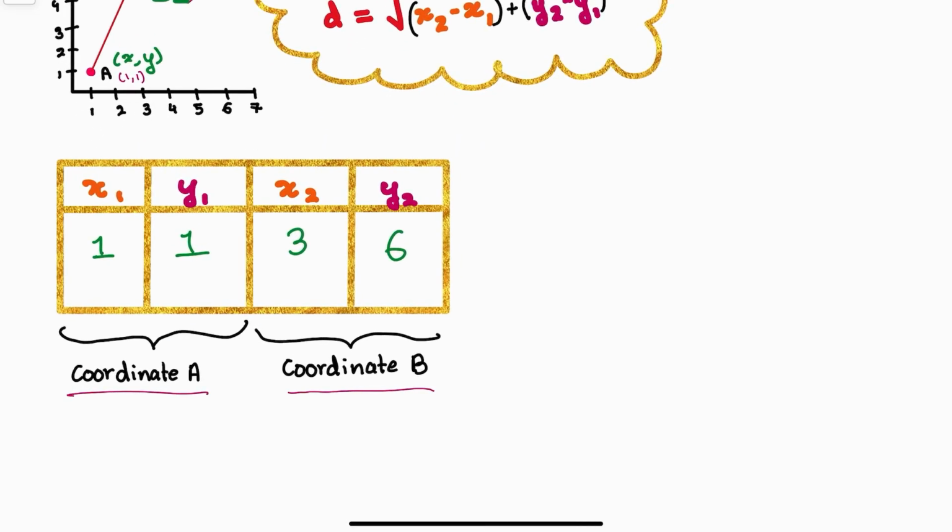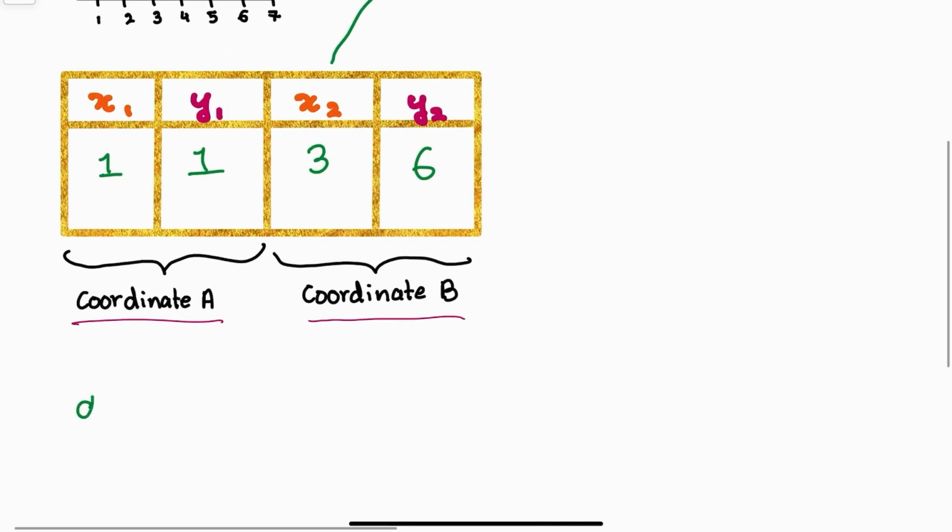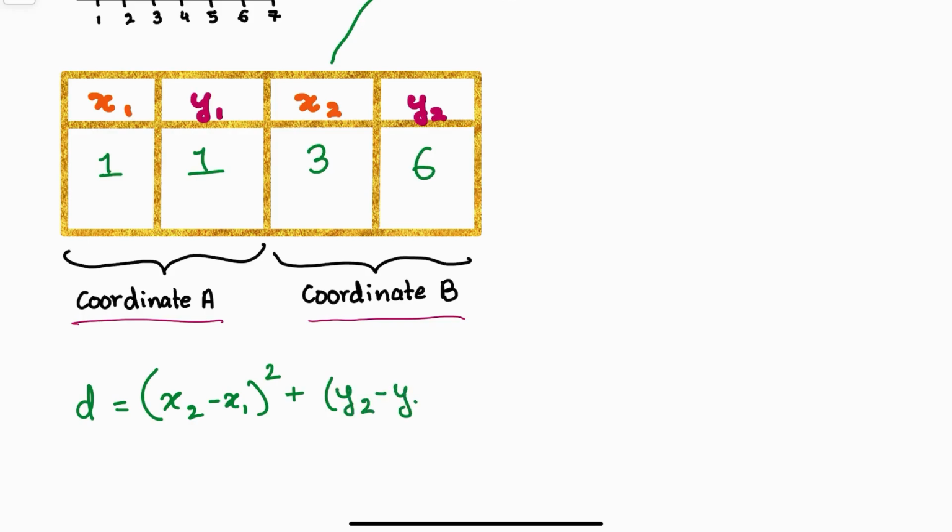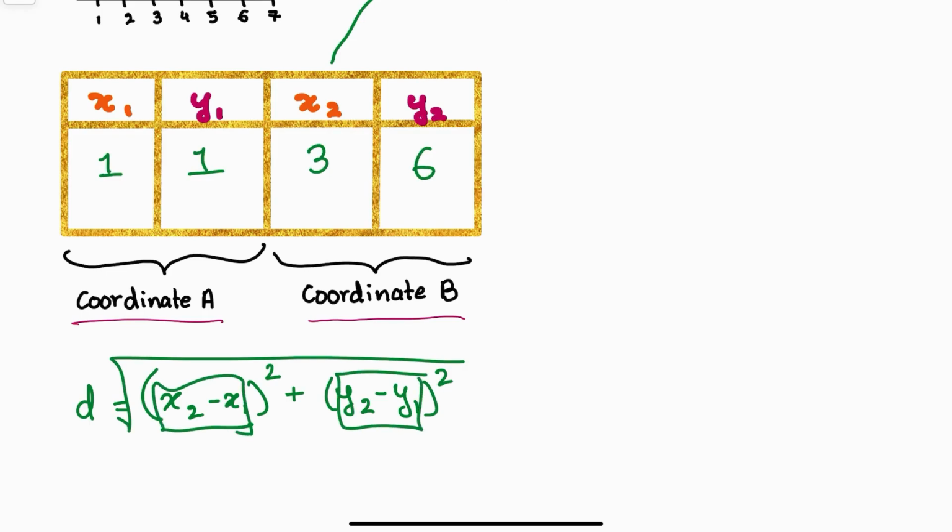Now we just have to plug in these values into that equation. So we have d is equal to the square root of x2 minus x1 whole square plus y2 minus y1 whole square. Just so you know, guys, this is the difference between the y and the x values.